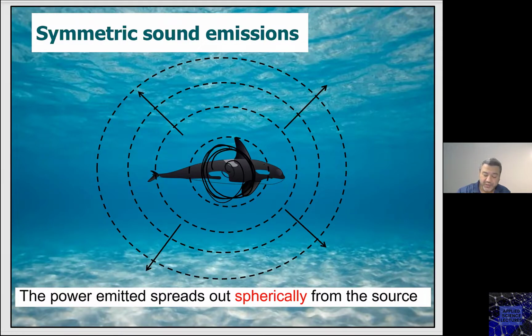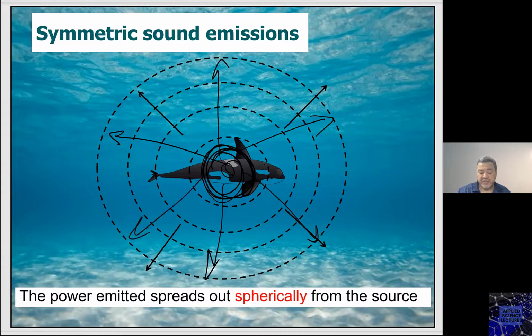So if this is the power generated here, then it makes sense that as you go further away, since this power is distributed in all directions, the power generated at the center will be divided by the area of the sphere.